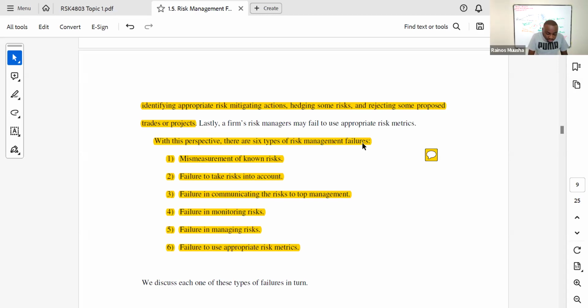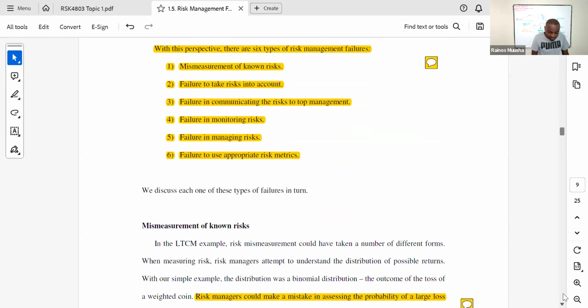The fourth is failure in monitoring risks. The fifth is failure in managing risks. And the sixth is failure to use appropriate risk metrics. So these are the 6 risk management failures, and we're now going to look at them in detail.